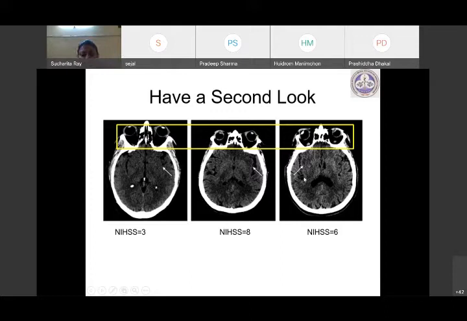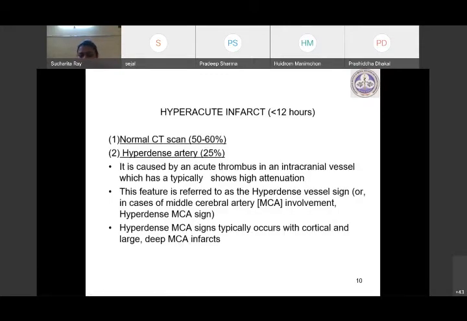So conjugate deviation of the eyes is one very important clue when you are having doubts in the CT scan. Apart from that, you need to know some of the important acute signs of ischemic stroke which you can see on the CT.